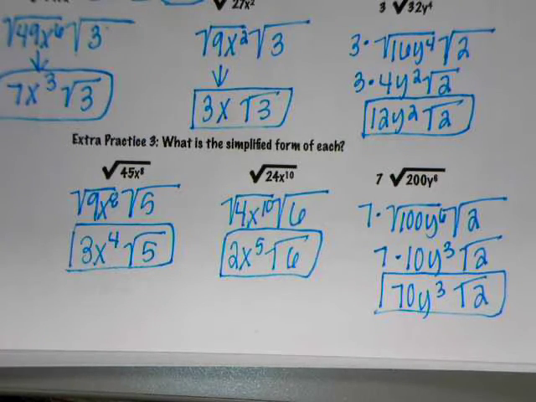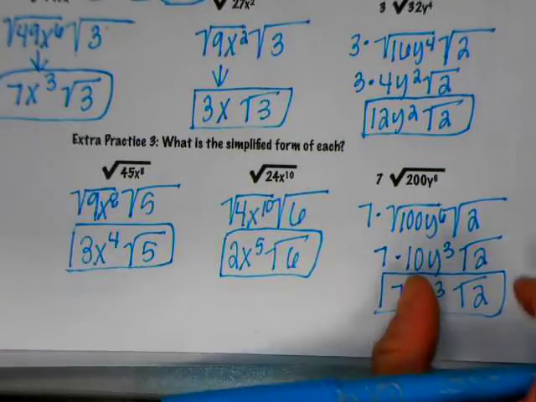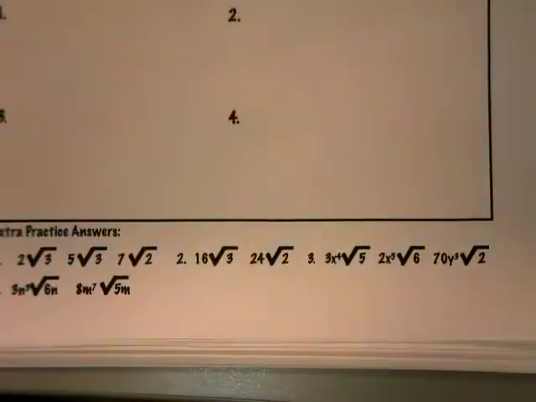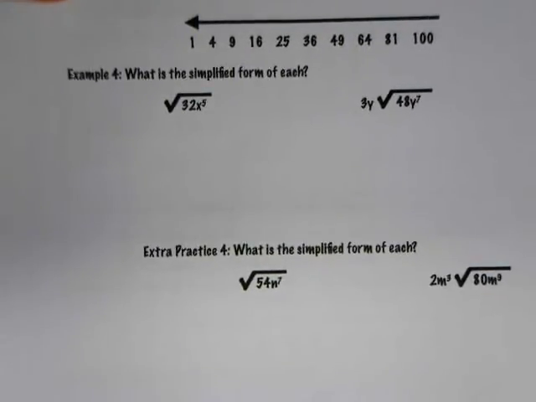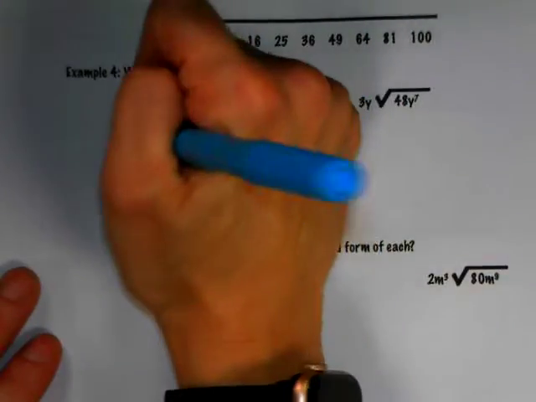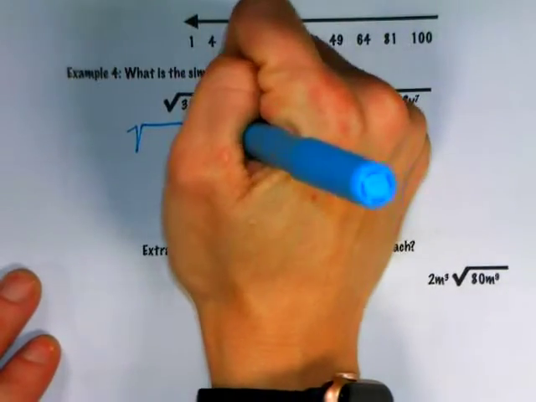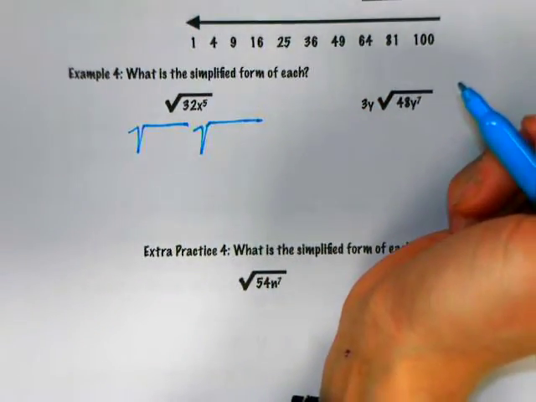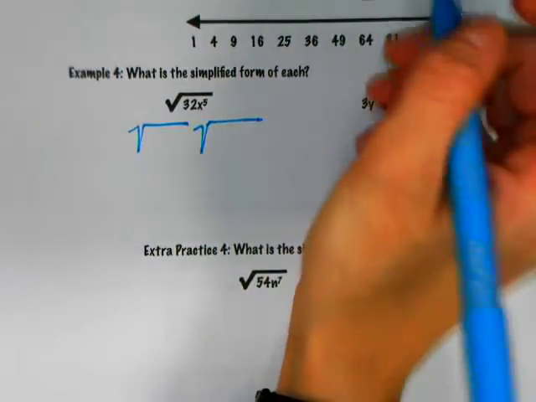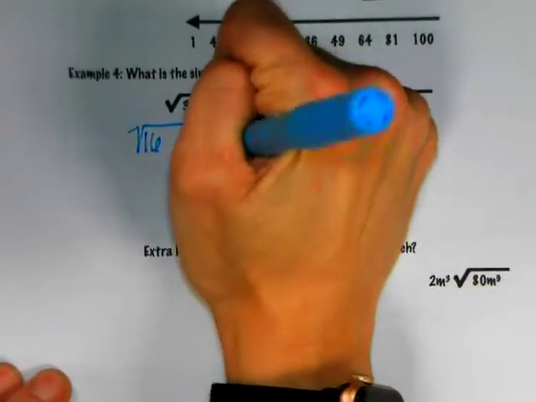Cool. Okay, so the last thing is now just if you have an odd exponent instead of an even exponent, right? Because you can't really do half of an odd. So you just have to make one little adjustment. All right, 32x to the 5th. So figure out how we're going to break down 32. Yeah, 16 times 2.